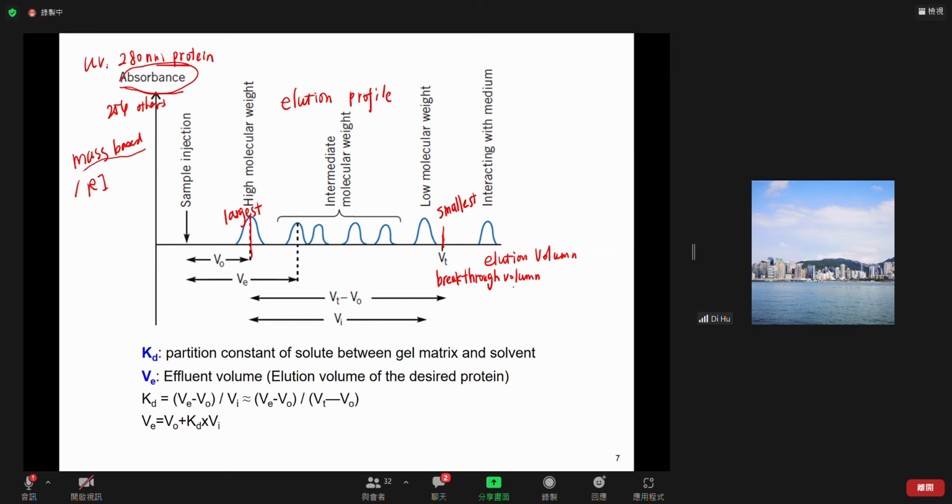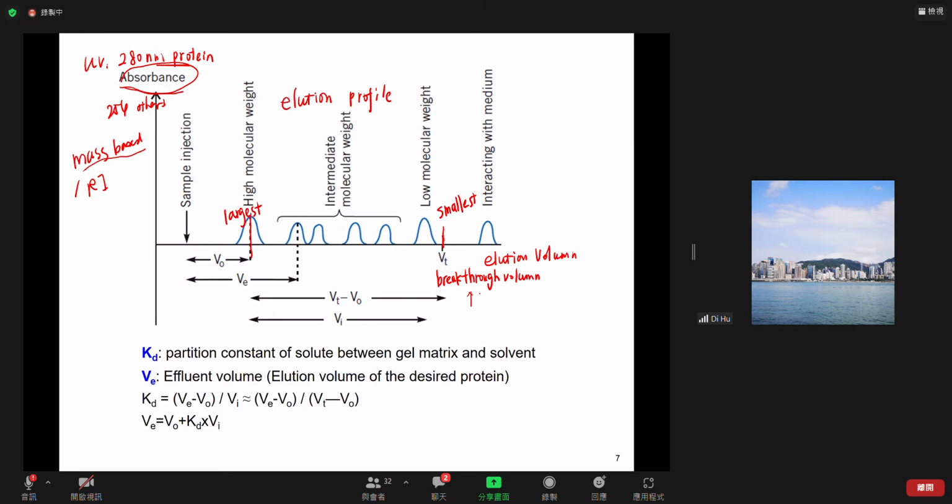Everything should come out, even the smallest one. So that's the end of the chromatogram. That's why we say in SEC, once it comes to VT, that's the end. It's predictable and straightforward. As long as the compounds dissolve, they should all come out by the volume of VT.